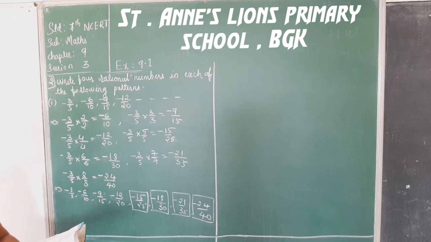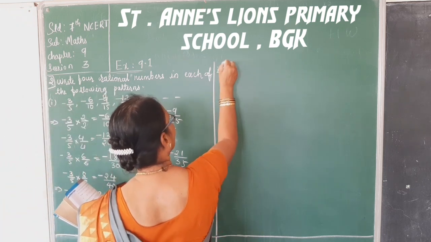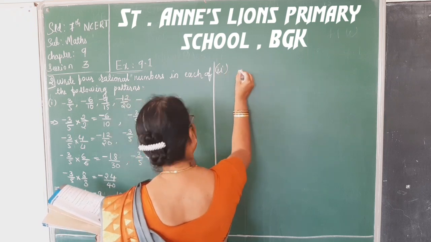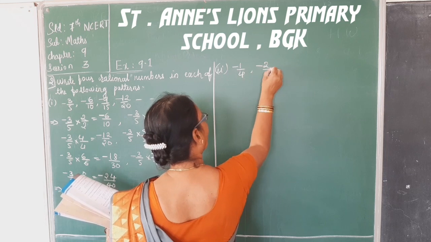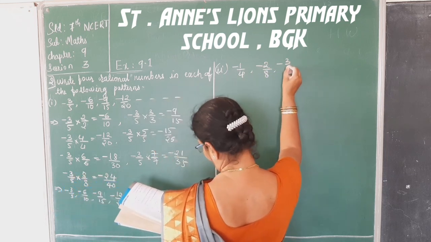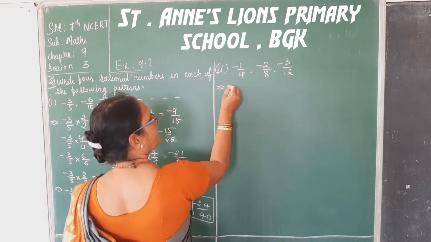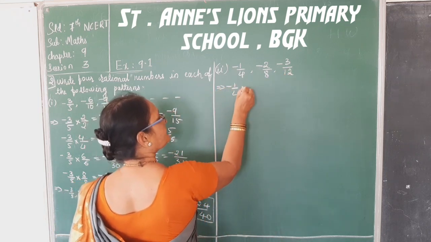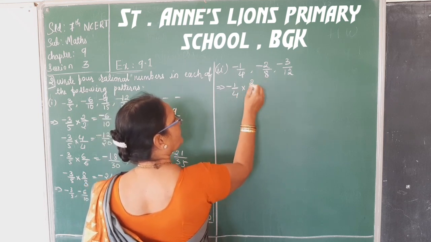Okay, the same way now we will go for the second one, that is minus 1 by 4, minus 2 by 8, minus 3 by 12. See now, this implies that minus 1 by 4 is multiplied by 2 by 2.